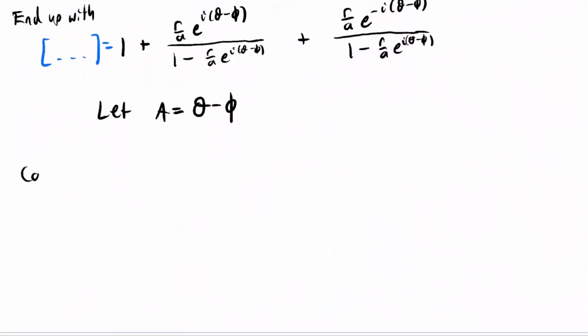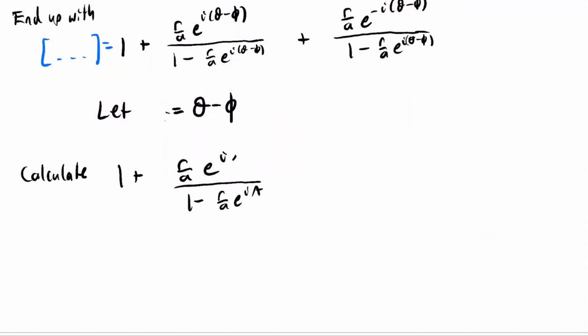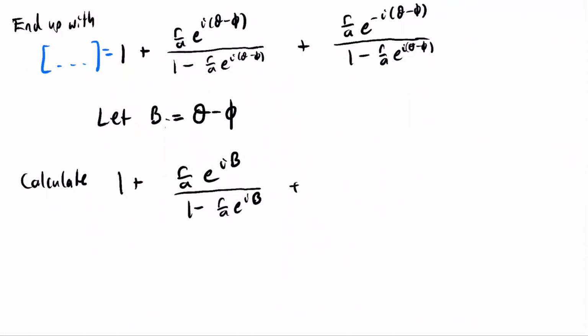So we want to simplify 1 plus r over a times e to the i b, over 1 minus r over a times e to the i b. And in the second term, I have e to the minus i b over 1 minus r over a times e to the minus i b.